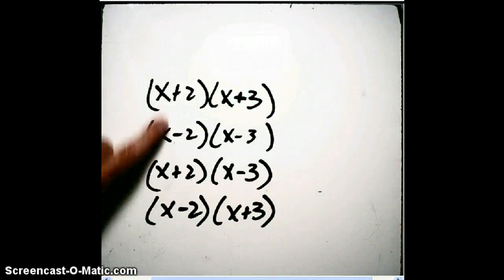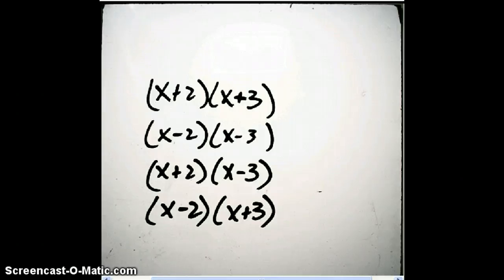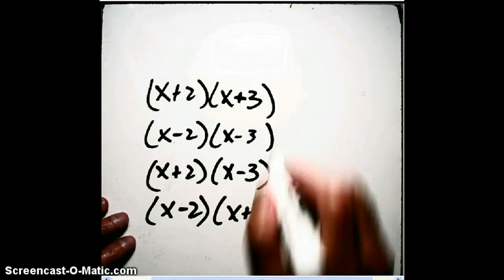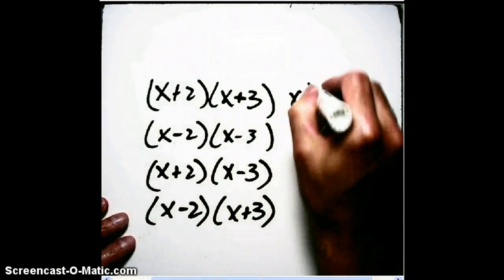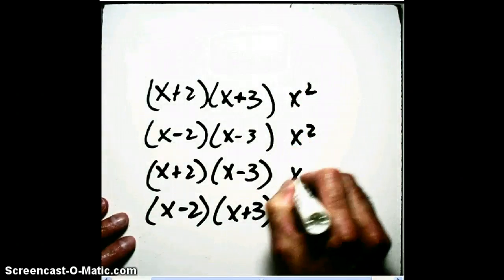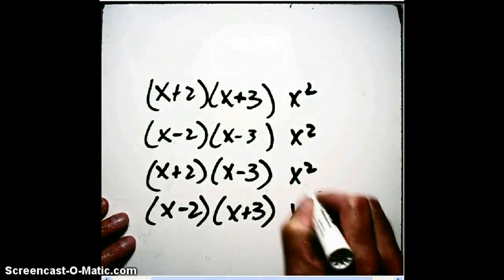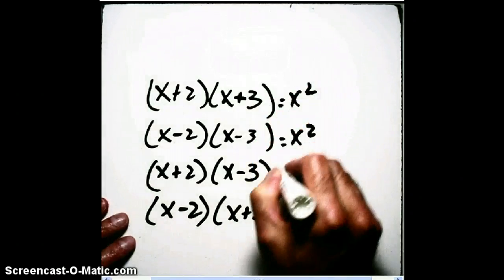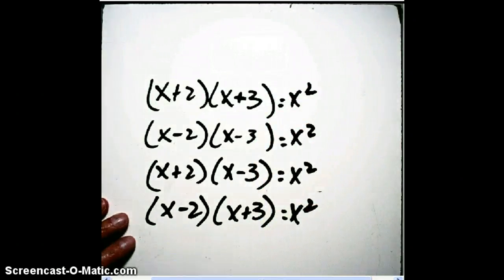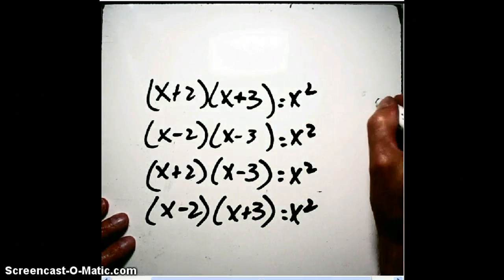Okay, notice here on the left I have all the possibilities. We just have a 2 and a 3, but the signs are all different. Here they're both plus, here they're both minus, here they're different. Now, on the FOIL, all 4 are going to have an x squared, and all of them are going to have a 6.